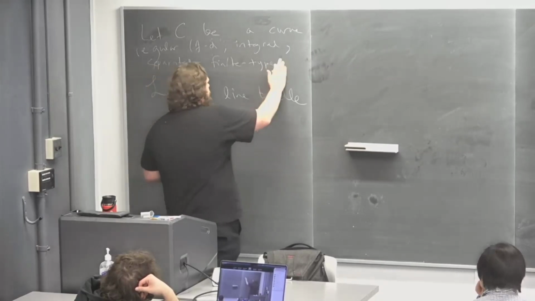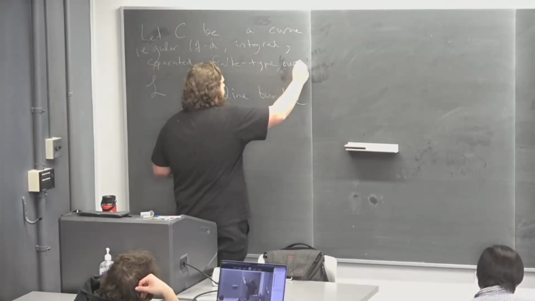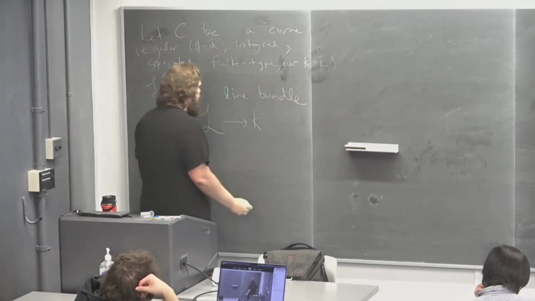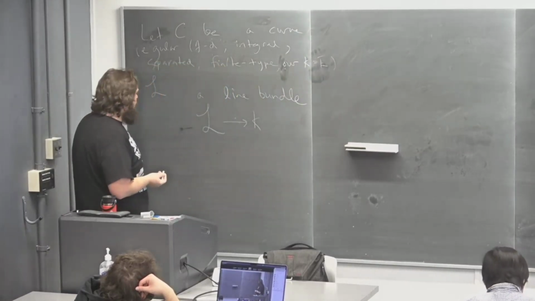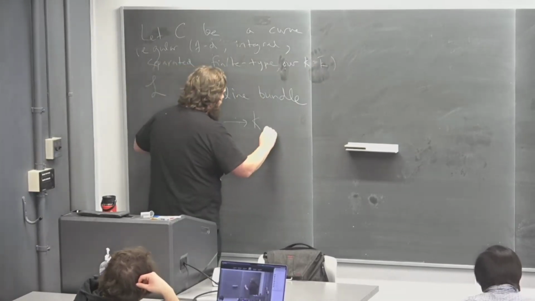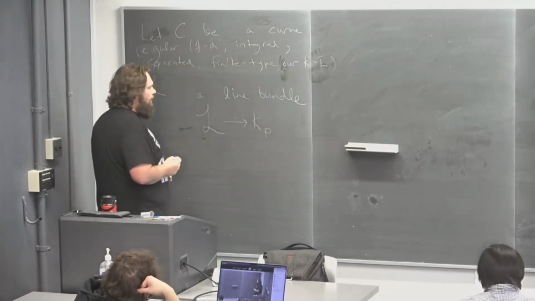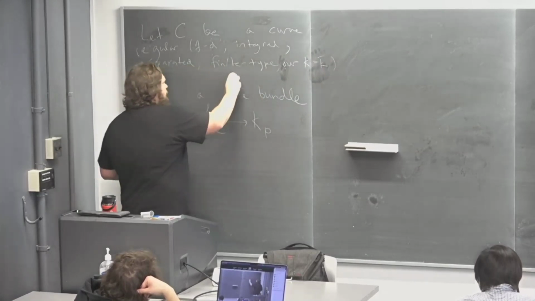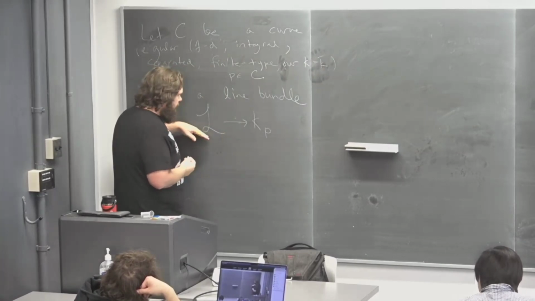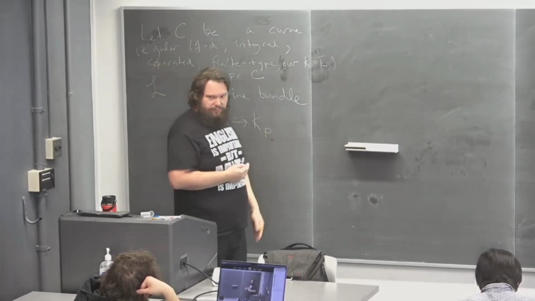This is all going to be happening over a field, which for simplicity is going to be algebraically closed. So I can think of evaluation at a point P as a map of sheaves from L to the skyscraper sheaf.